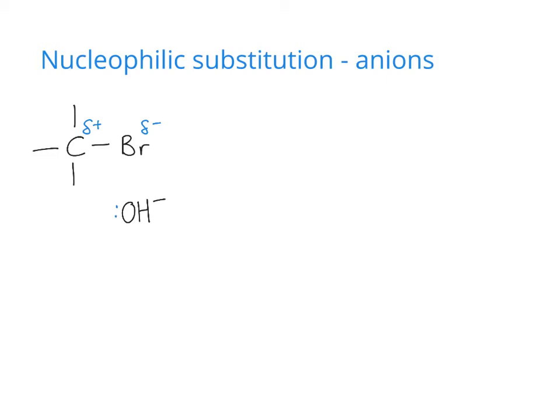So we're going to draw a lone pair because we're going to start from the area where there are most electrons, which of course is my negative ion, and we're going to move to a delta positive. In order to make a bond, that carbon needs to lose a pair of electrons in order to accept the electrons from the hydroxide ion, and it does that by breaking the carbon-bromine bond and forming a Br-.